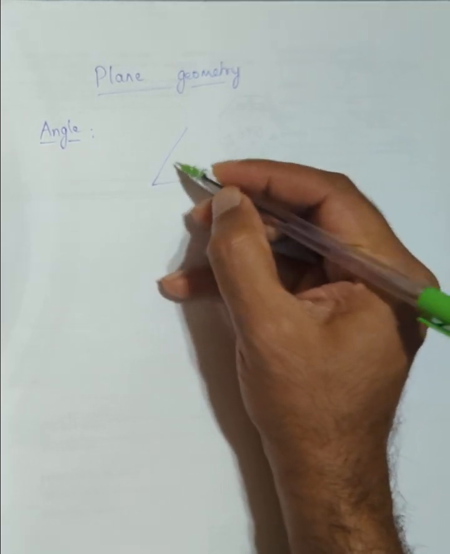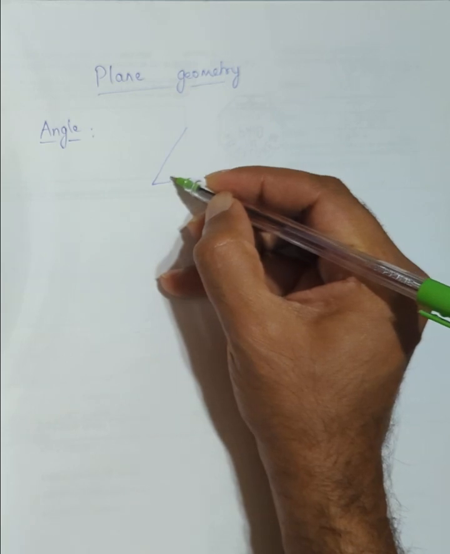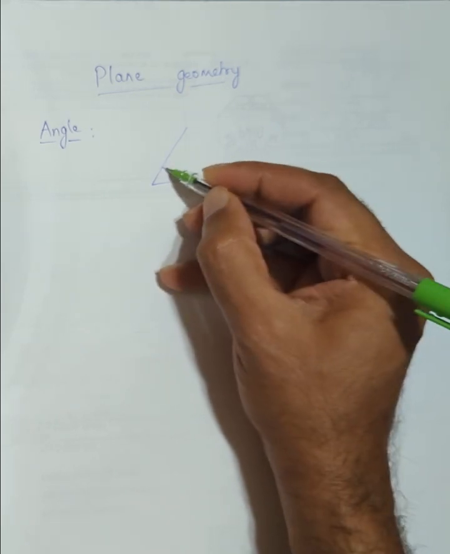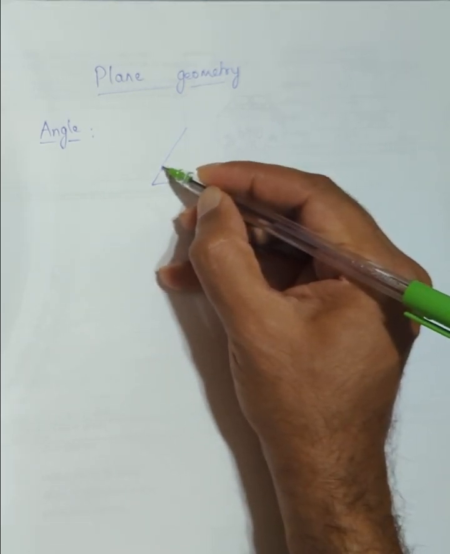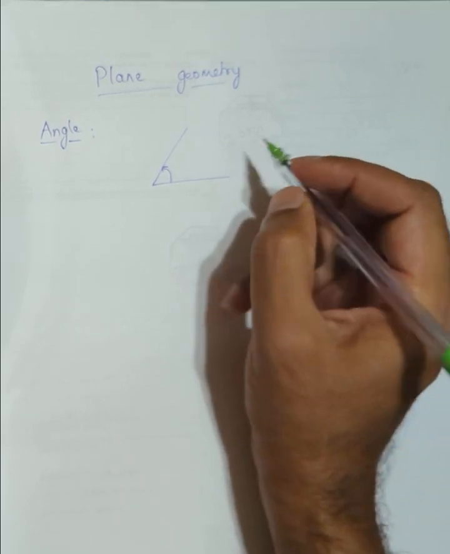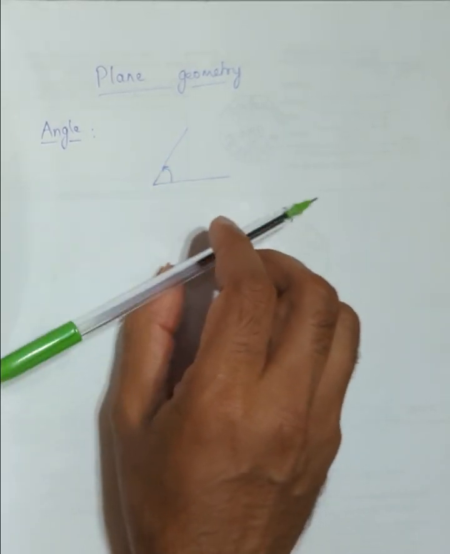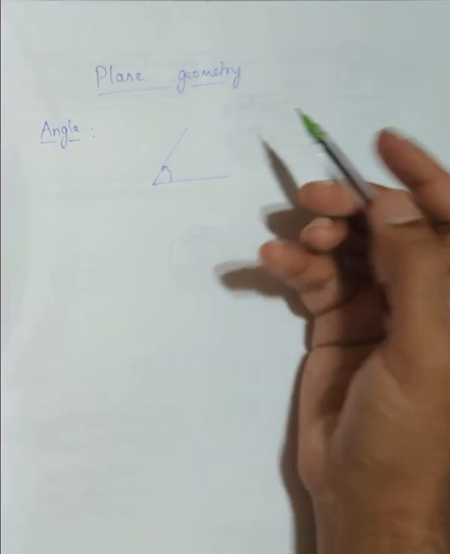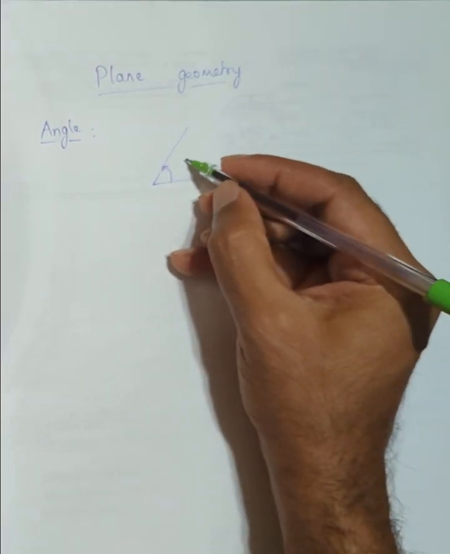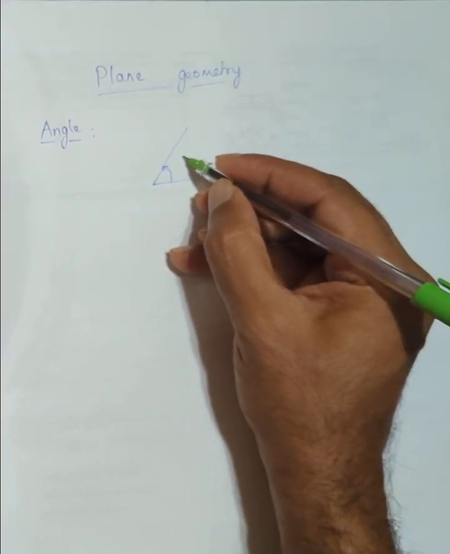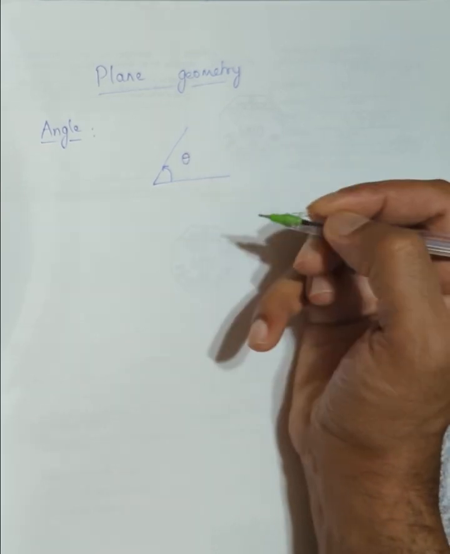Then the angle between these two rays measures how much rotation we need to go from one to the other. So we have to rotate this in this direction so that it arrives here. And we generally use Greek letters like theta to denote an angle.